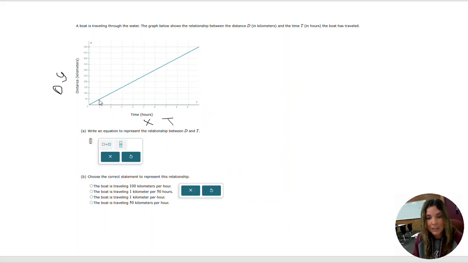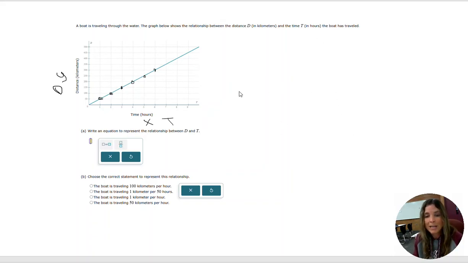So if you look at this graph, you can see that as 1 hour of time increases, the distance is going up 50, right? So for every 1 hour in time, the boat has traveled 50 kilometers further.